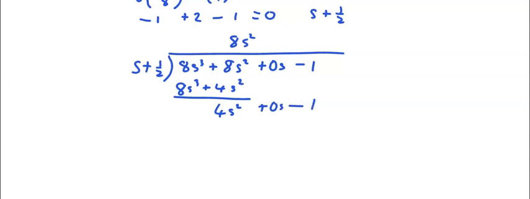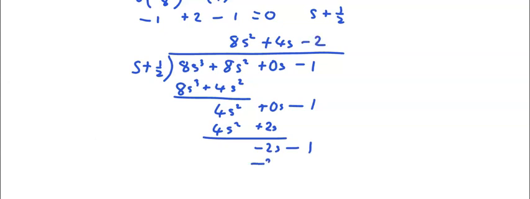S into 4s squared is 4s, times gives 4s squared plus 2s, minus, bring down, and then we get minus 2 on the end. And so we now have to solve the quadratic equation 8s squared plus 4s minus 2 equals 0.